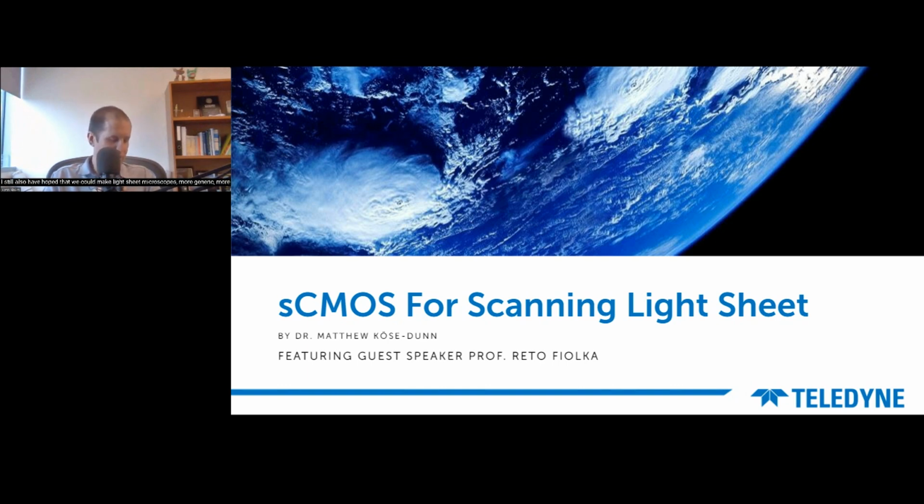I still also have hope that we could make light sheet microscopes more generic and more easily adoptable by microscope facilities, and also make them more user-friendly. So an important aspect, which I haven't talked about in my slides, is that I think these single objective or oblique plane or SCAPE type systems hold great promise.